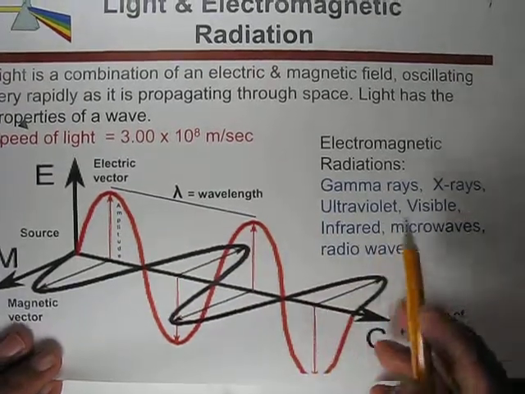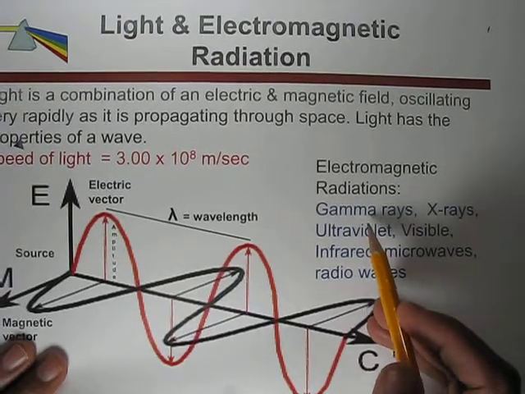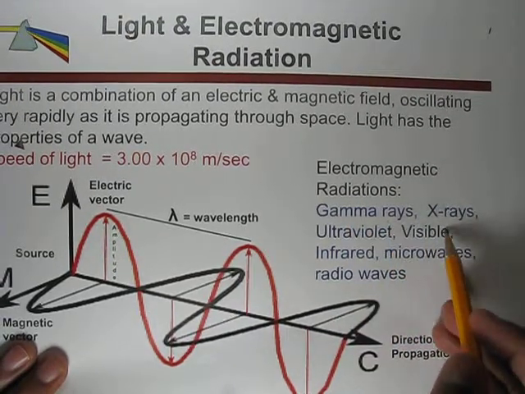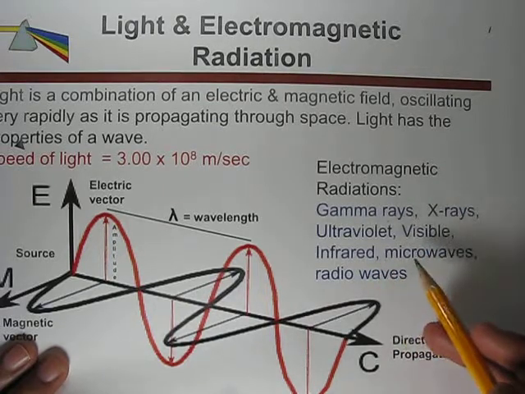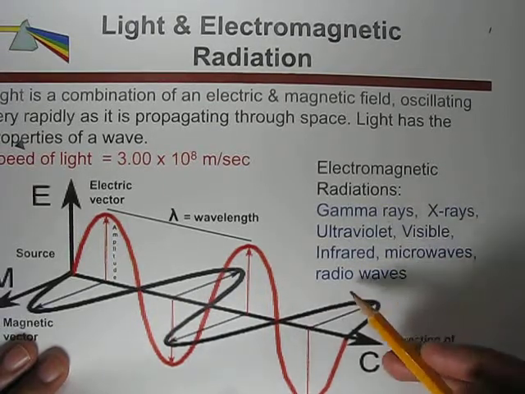So what is electromagnetic radiation? Electromagnetic radiation includes gamma rays, X-rays, UV rays, visible light, which we are seeing, infrared, microwave, and radio waves.